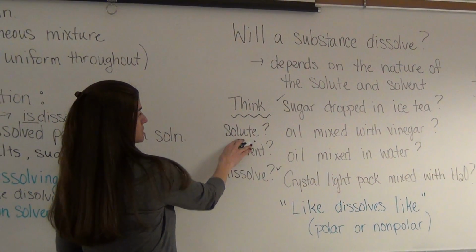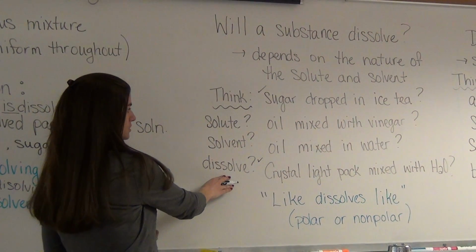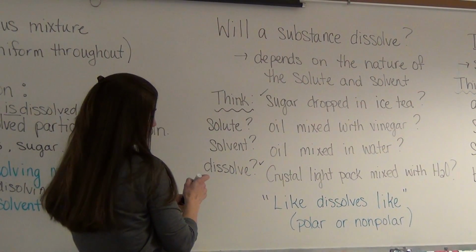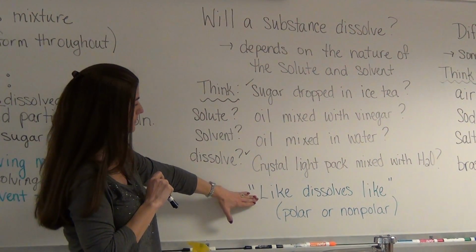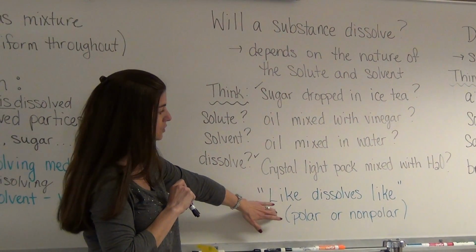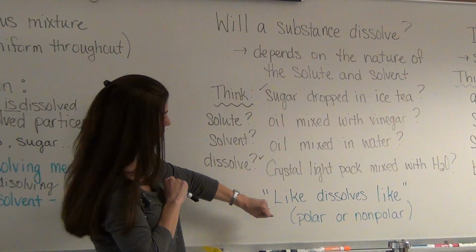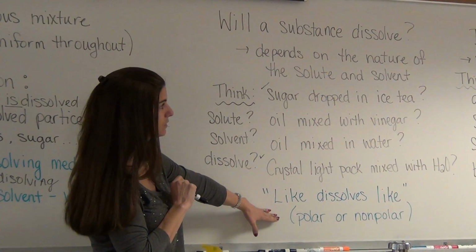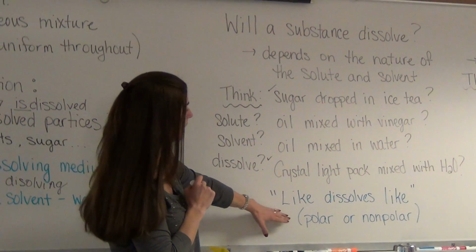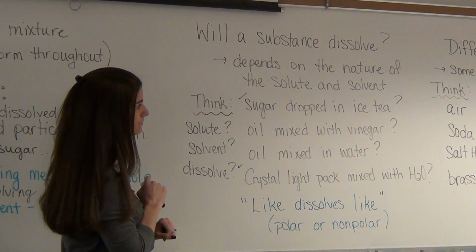We can look at which is the solute, which is the solvent, and which dissolve. To do that, we have a phrase, like dissolves like. And this goes back to the covalent chapter when we talked about polar molecules and nonpolar molecules. So we say polar dissolves polar, nonpolar dissolves nonpolar. If they can dissolve, then they're going to make that solution.